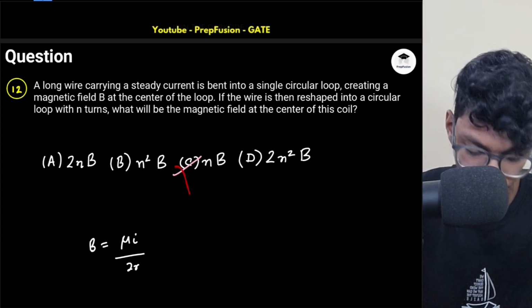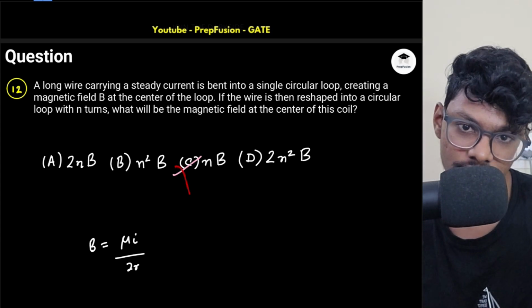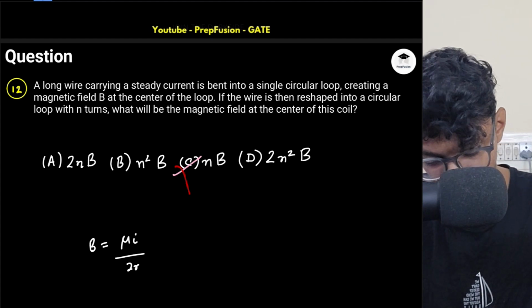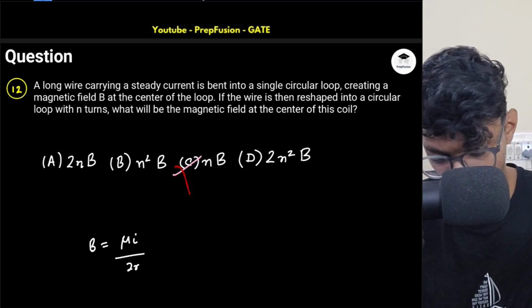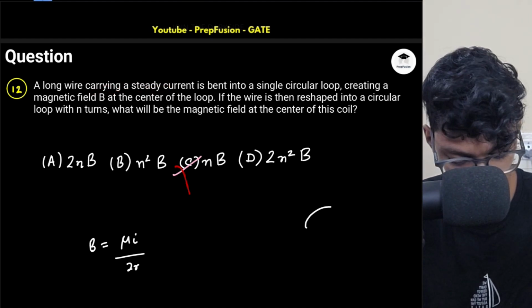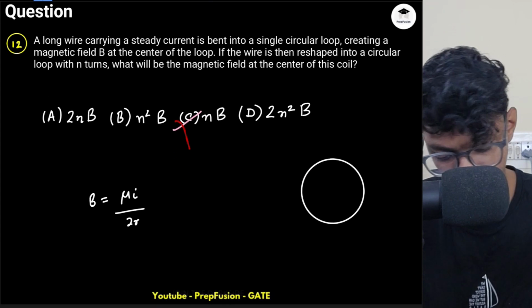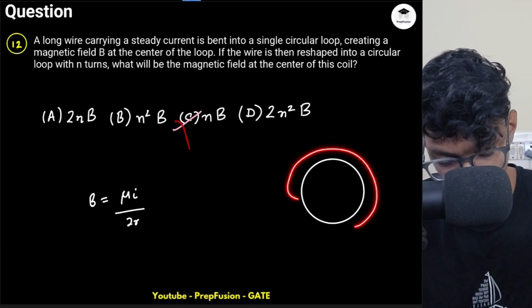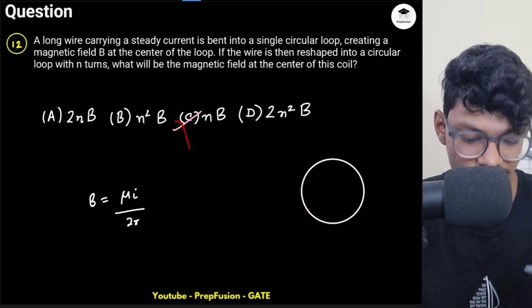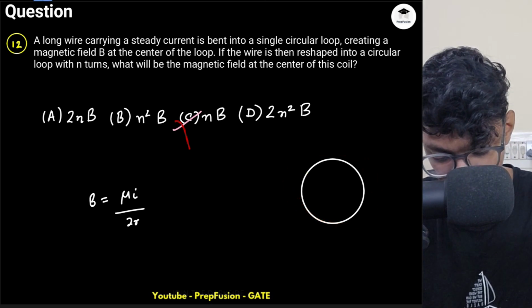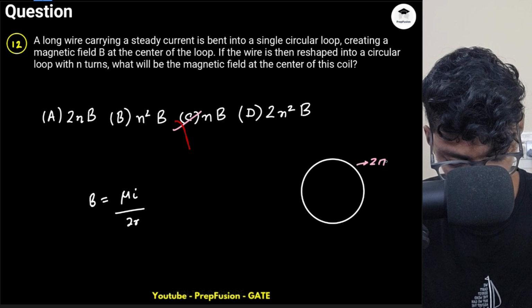Why won't this be correct? You have to take care of one thing. Initially I had a long wire, which I then bent into a circle. Then this long wire I bent into n circles. Now the length is fixed, right? The length is 2 pi r.